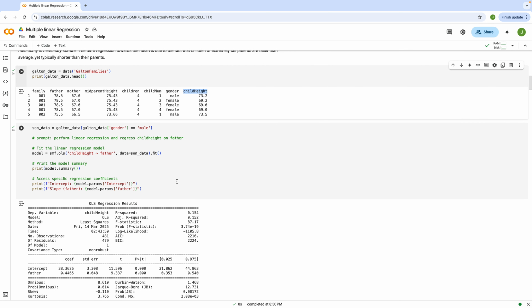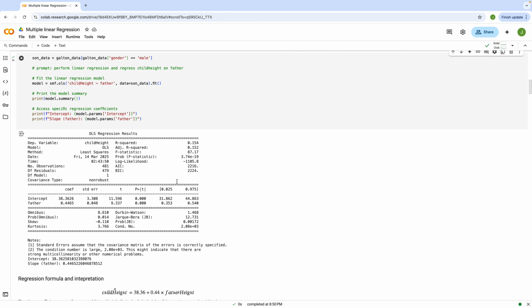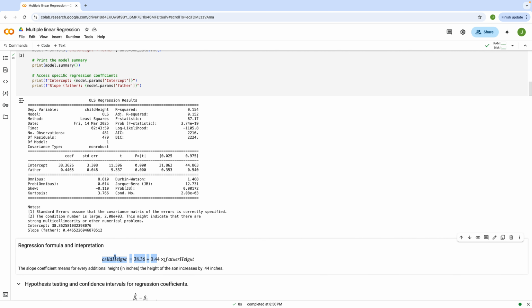And we fit a linear regression to that. The linear regression equation was given by this column with the coefficients right here, and that allowed us to form our simple linear regression equation. Okay, and that's where we left off last time we talked about this data set.